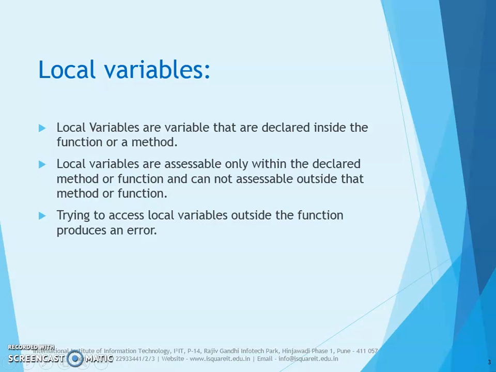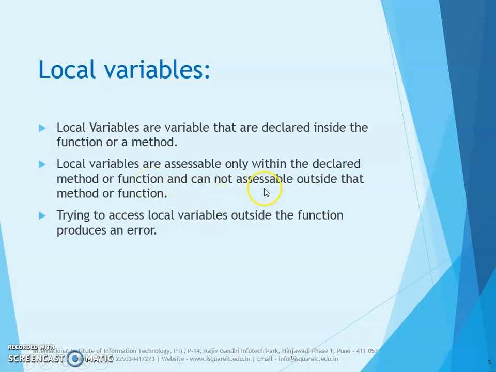We'll start with local variables. A local variable is a variable that is declared inside a function or a method. It is defined or declared and used inside the function. Local variables are accessible only within that particular method or function.